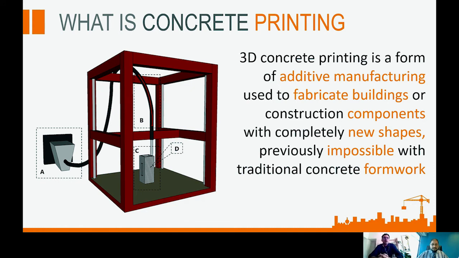This is used to fabricate buildings or construction components. As we said, you can either go prefab or in situ concrete printing to create completely new shapes, which were previously impossible with traditional formwork.